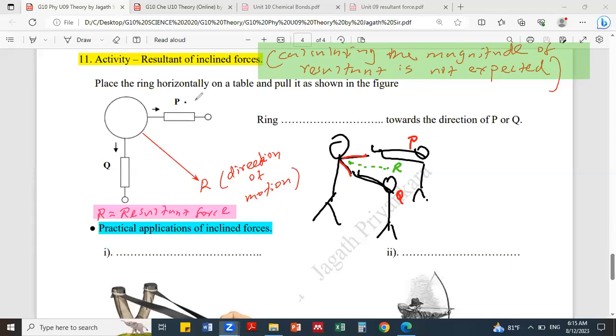Imagine this side, the resultant should be less than 40 and more than 20. In between, it will be between 20 and 40. What? Resultant force. You can't tell 40.